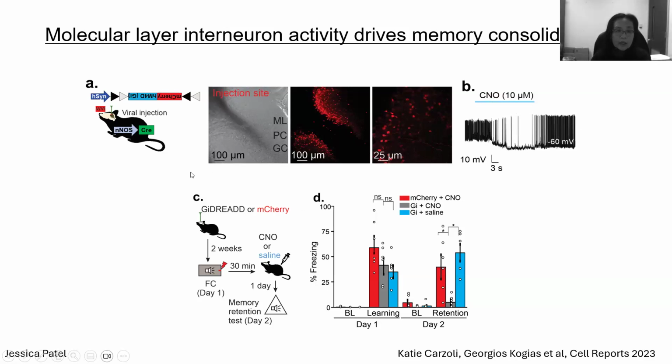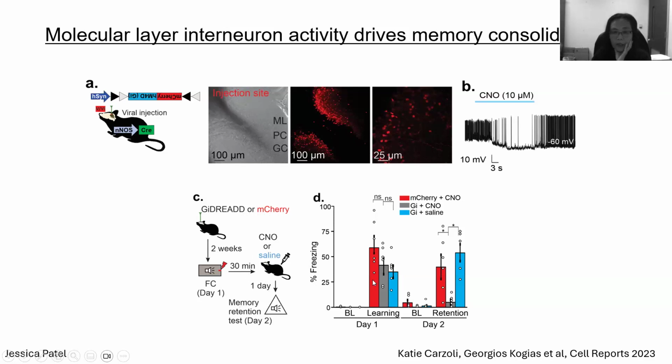So with this knowledge, she conducted a behavior experiment in which they injected a virus encoding GI dread, or mCherry only as a control. Two weeks later, the animal will be subject to fear conditioning. And 30 minutes later, will receive either CNO or saline. And then the memory retention will be tested the next day.